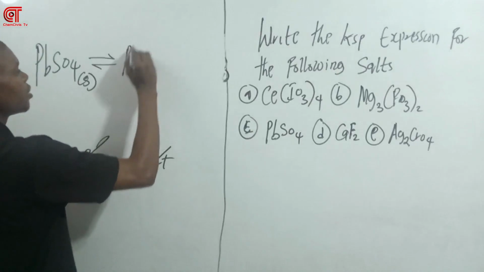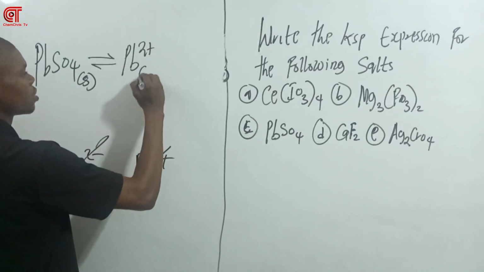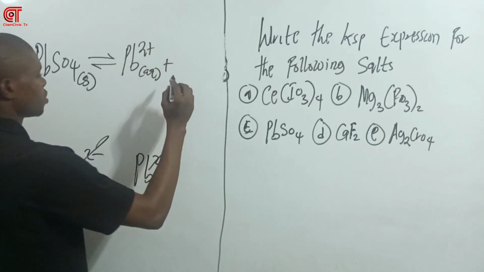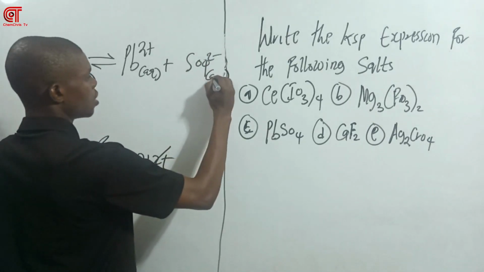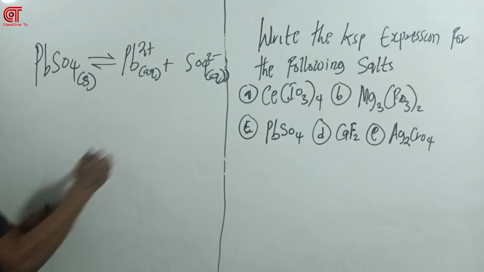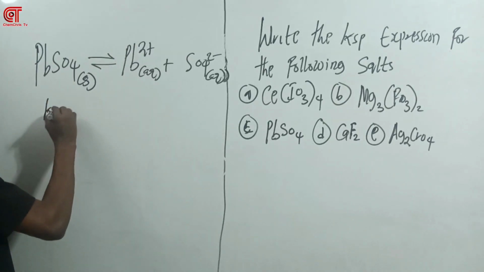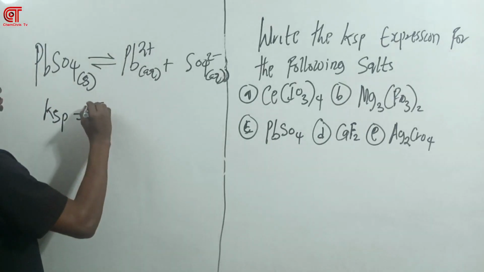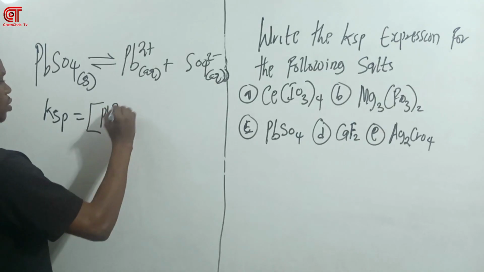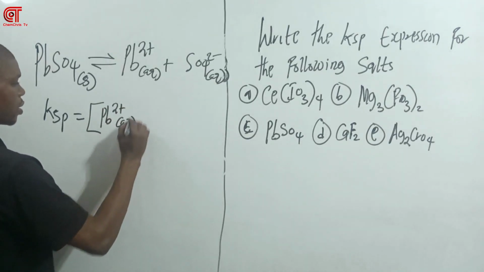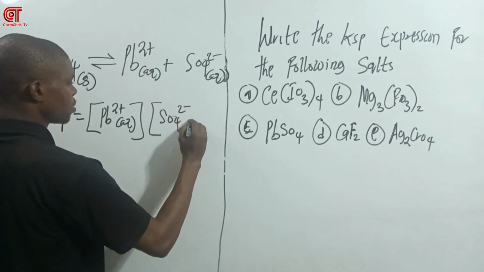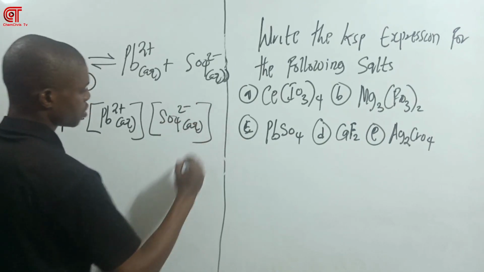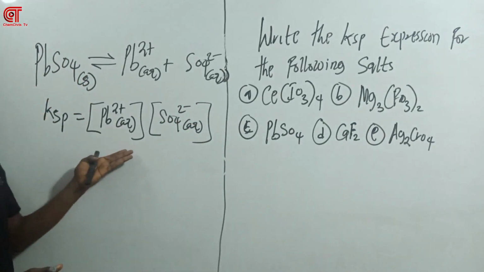So you have Pb2+ aqueous plus SO4 2 minus aqueous, balanced here. So Ksp equals the concentration of Pb2+ aqueous times the concentration of SO4 2 minus aqueous. Yeah, so this is now the answer.